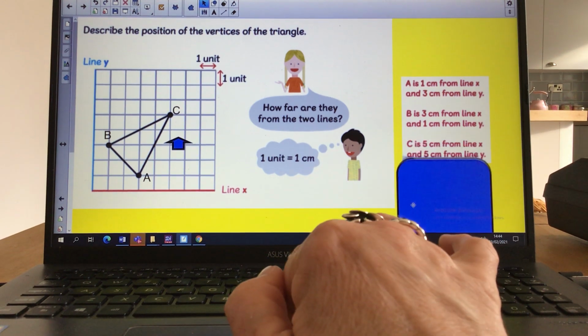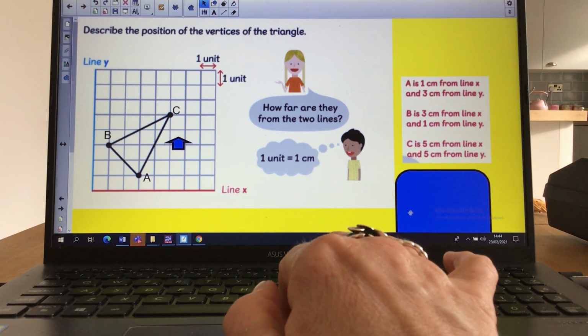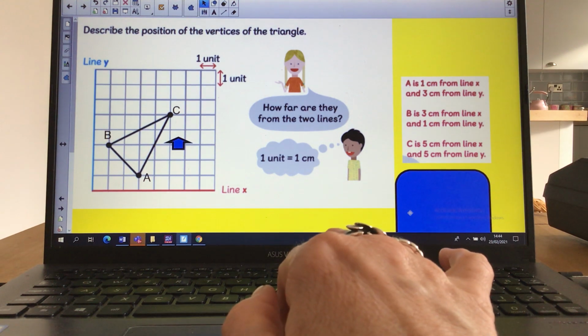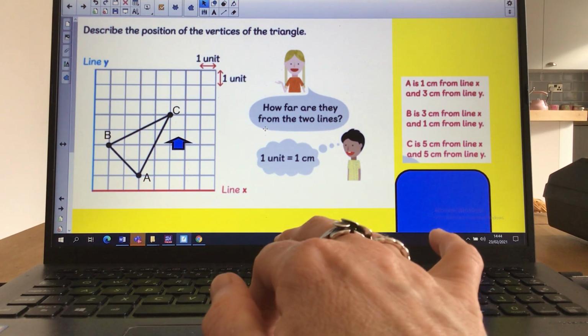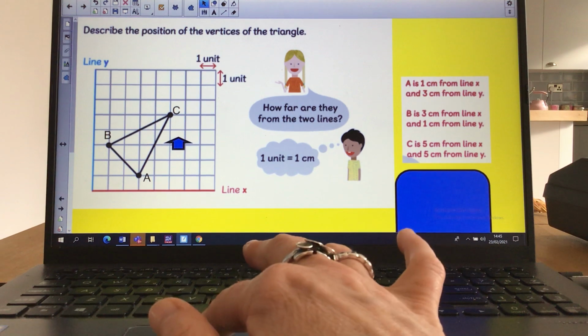So we would say C is 5 centimetres from line X and 5 centimetres from line Y.